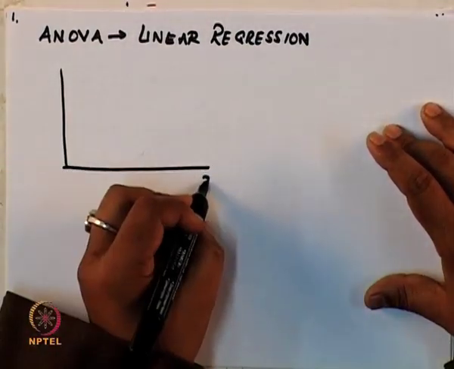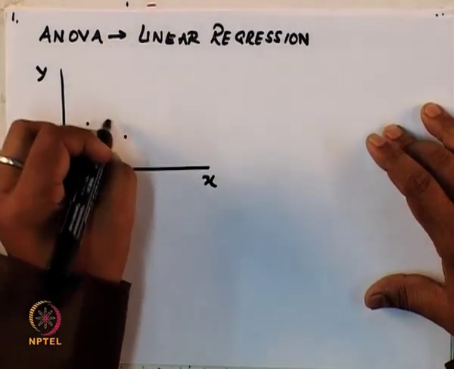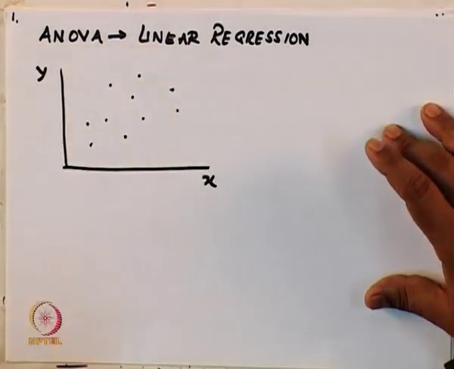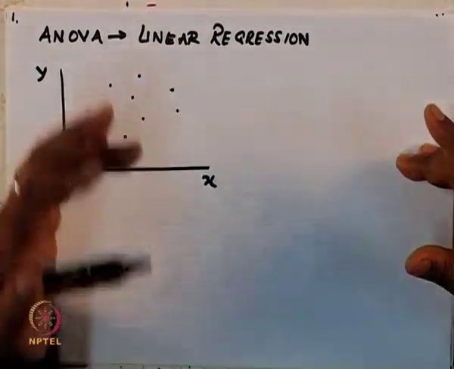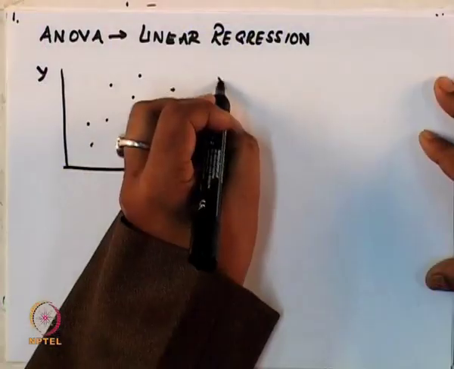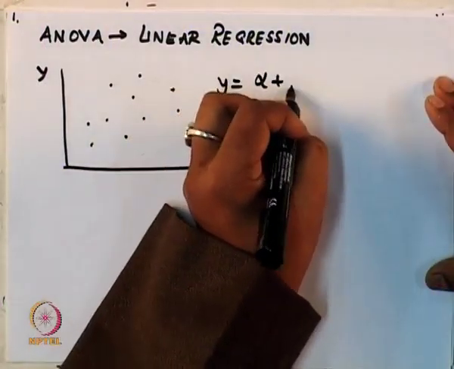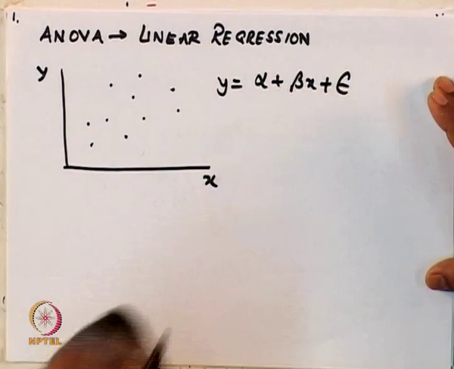You have data, and you wish to test whether there is a linear relationship between x and y, and you want to find the expression of a line which best approximates that data. Okay. So, this data can be roughly written as alpha plus beta x plus some random error epsilon.